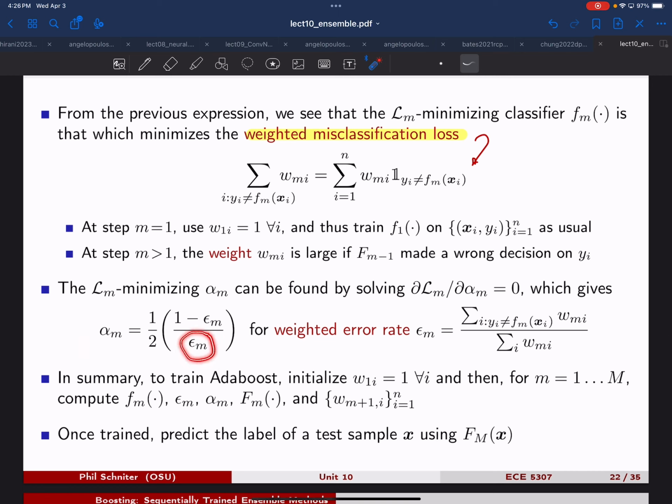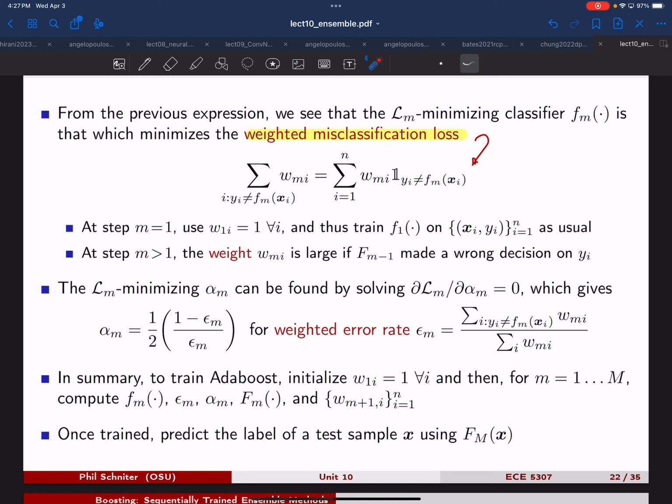Here, this epsilon m is this weighted error rate, which is like the sum of the weights in all the cases you made a mistake over the sum of all the weights. Okay, so this is just something we can compute when we know fm, and then once we can compute epsilon m, then we can compute alpha m, and at that point we're ready to move on to the next stage.